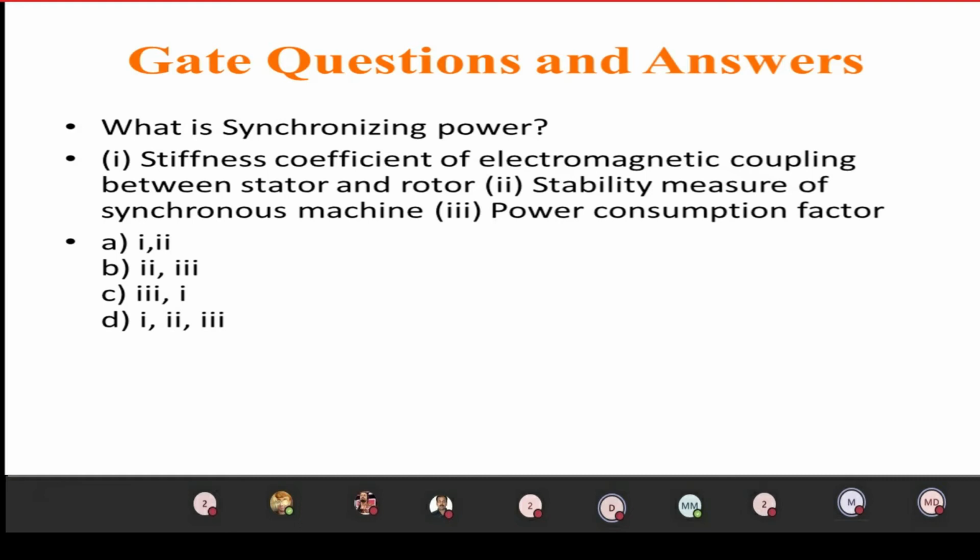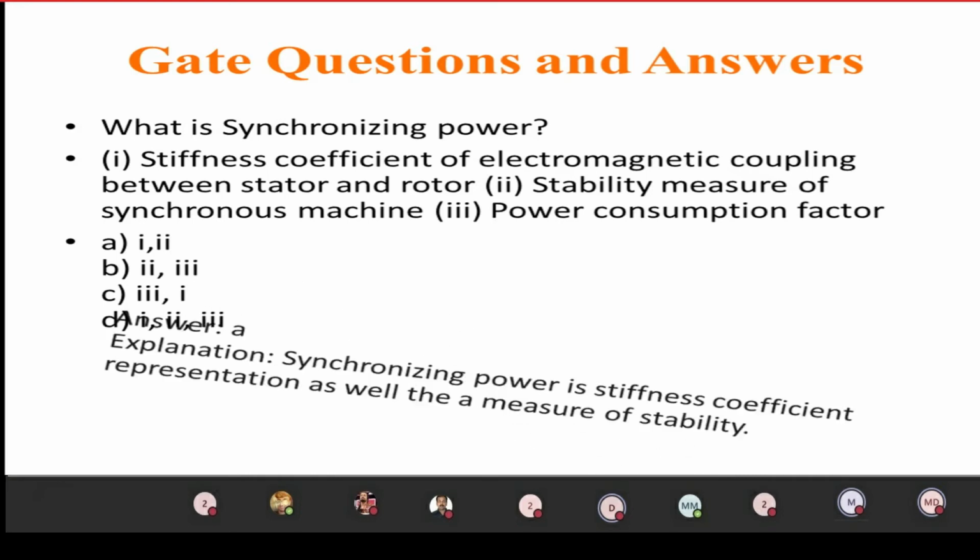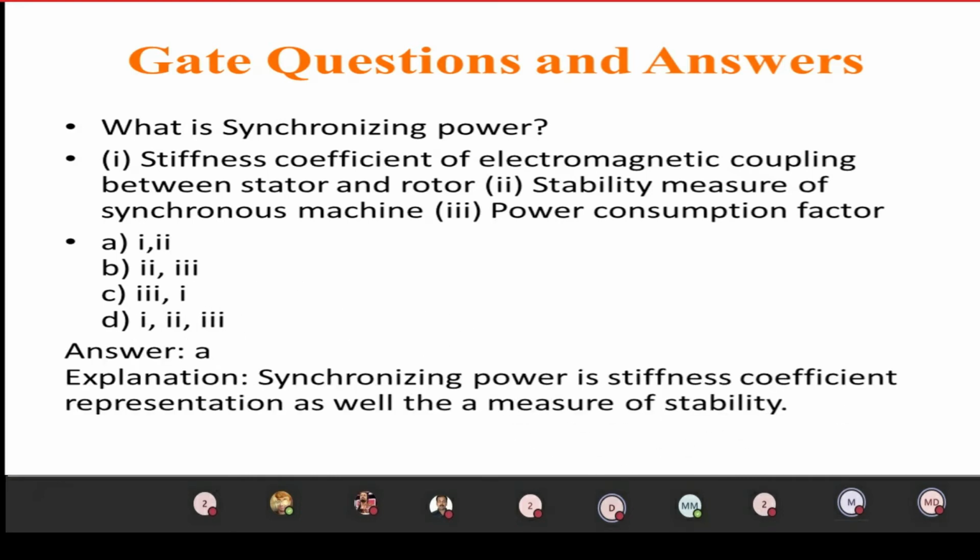Or all three. Which one is correct? You know that synchronizing power is a stiffness coefficient representation as well as a measurement of stability. So A may be the correct one. Let me find that A is the correct one.